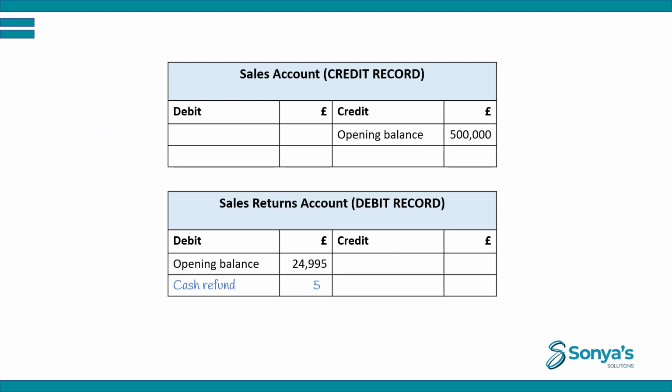Separating returns from sales provides the business with more helpful information. For example, they're likely to measure quality by comparing what's been returned to what's been sold. If we put all of the transactions into one account, this comparison would be more difficult to do.